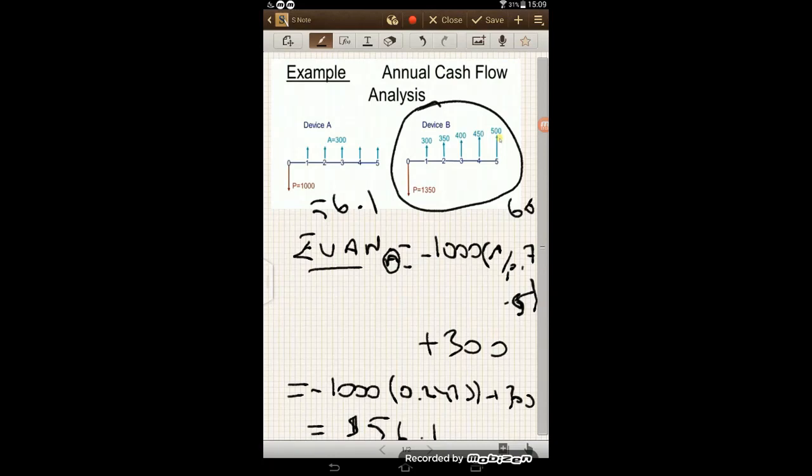For this analysis, this is plus, like benefit, not like these numbers. We are gonna get benefit from these options.